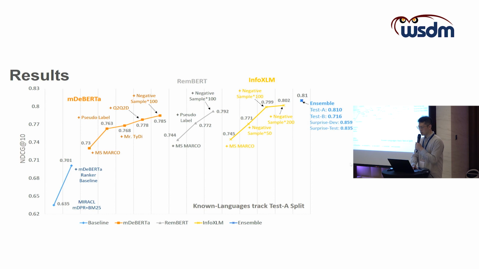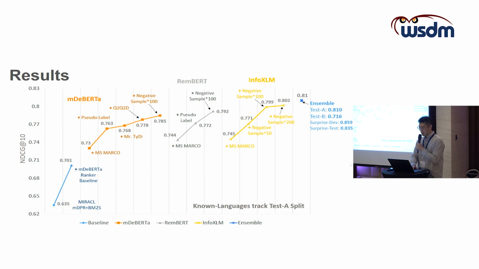Towards the end of the competition, we discovered that sample selection bias was hindering the model performance. To address this, we added random negative samples from the top 200 ensemble retrieval results in the training site that were not annotated as positive.